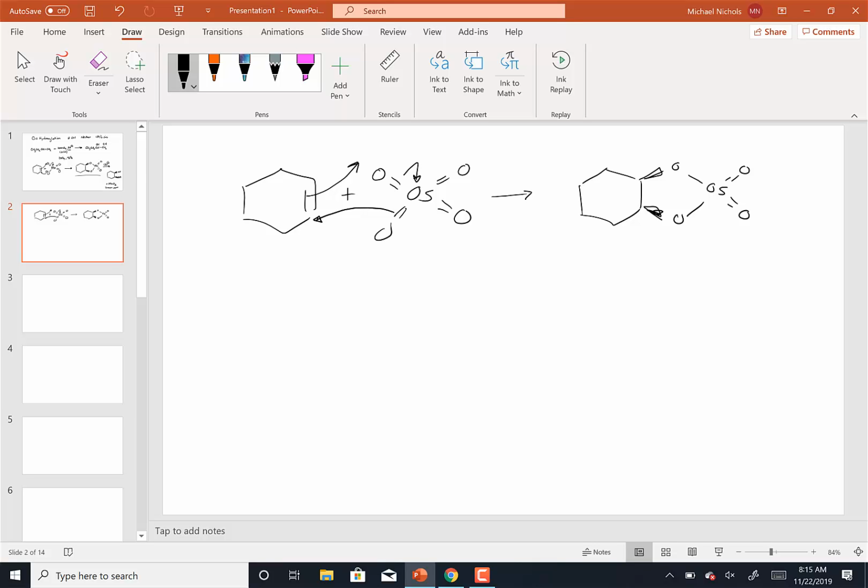Now the issue here is that for the osmium, because it's one of these transition metals, I couldn't do this reaction if I had to add 1 mole of osmium for every 1 mole of alkene. That would not be economically feasible.